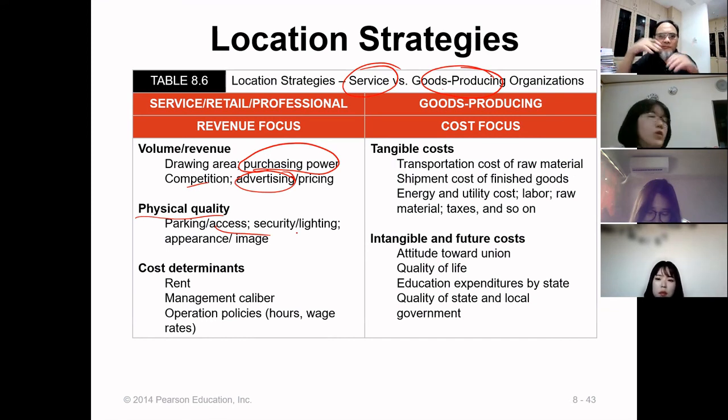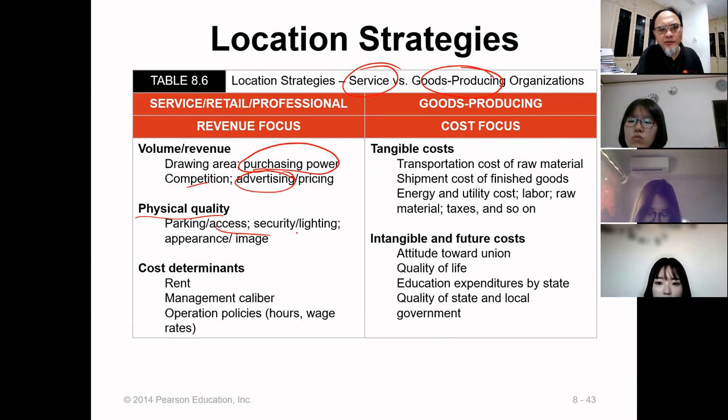Some McDonald's are stand alone by itself. Okay, some are between shops. Okay, and other things. So you can compare the differences between location strategies of service as well as goods producing, or products, basically products.